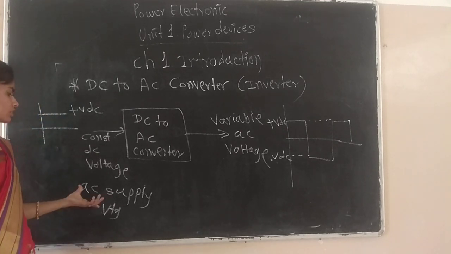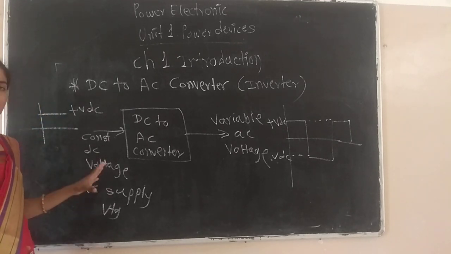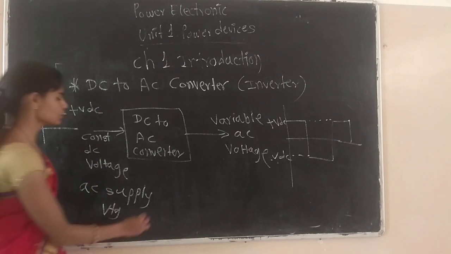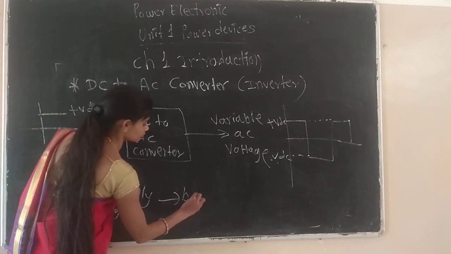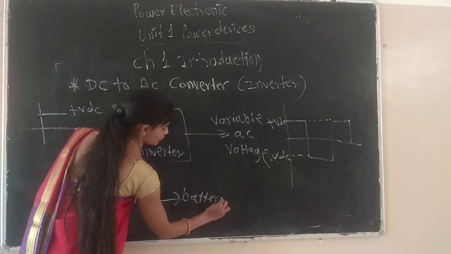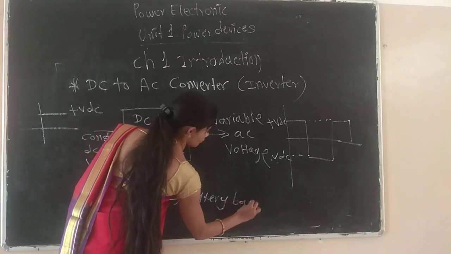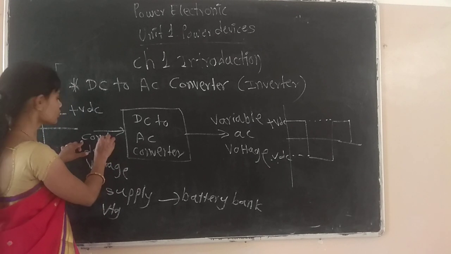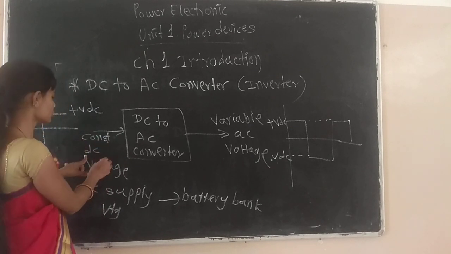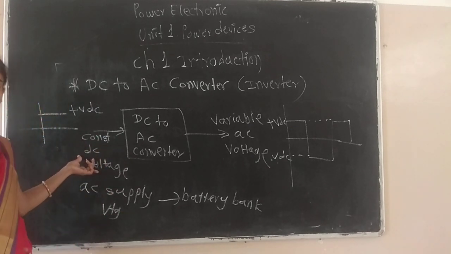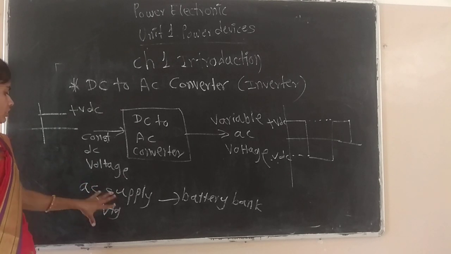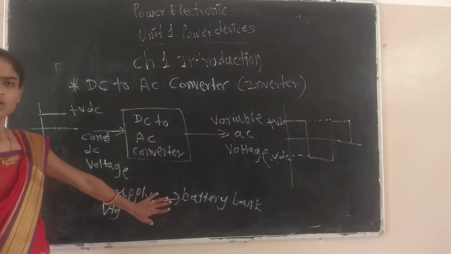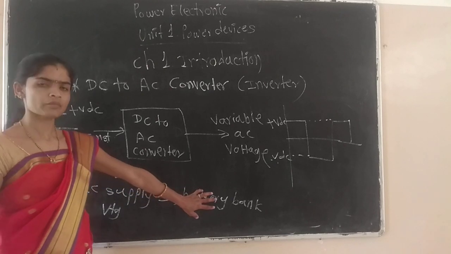Here we use constant or fixed DC voltage, and this DC voltage is taken from the AC supply voltage, filtered or rectified by using a battery bank.